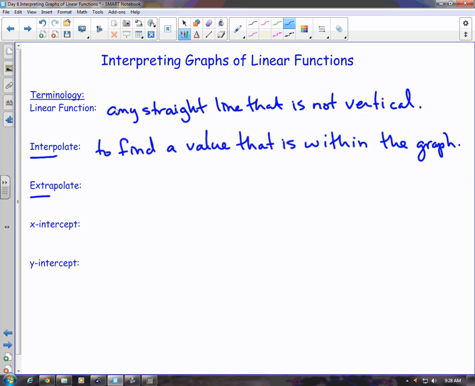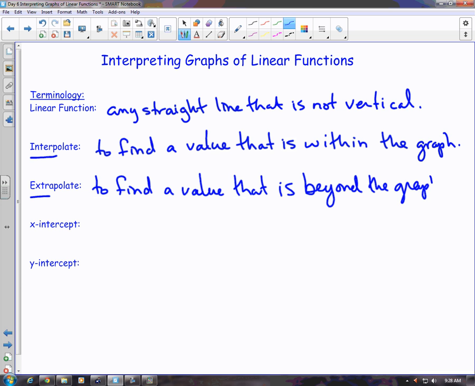So extrapolate means to find a value that is beyond the graph. So the difference there is within and beyond.